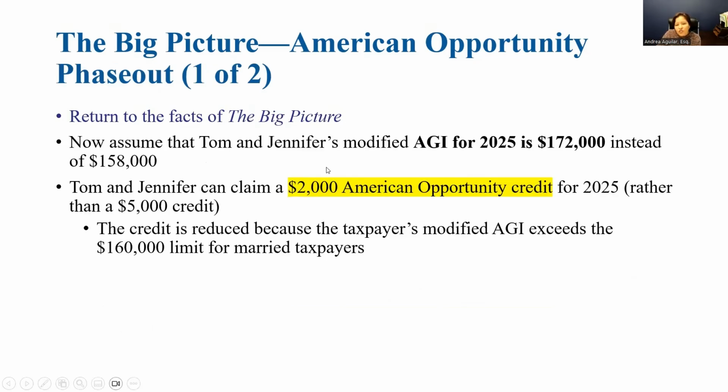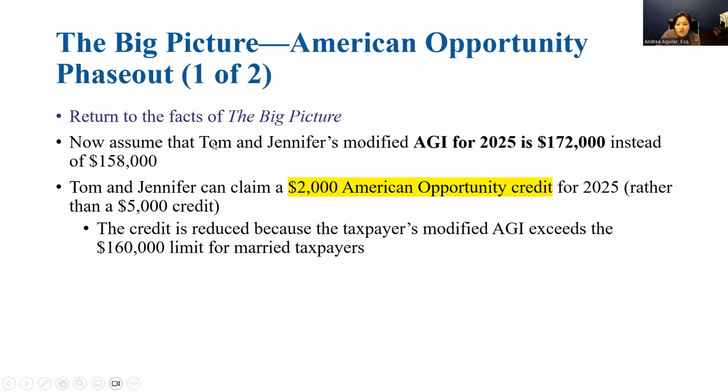Then now assume that Tom and Jennifer's modified adjusted gross income is $172,000 instead of $158,000. Remember that we said that there are income limitations. If you make more than $160,000, you start losing the credit. Actually, you completely lose the credit if you make more than $180,000.